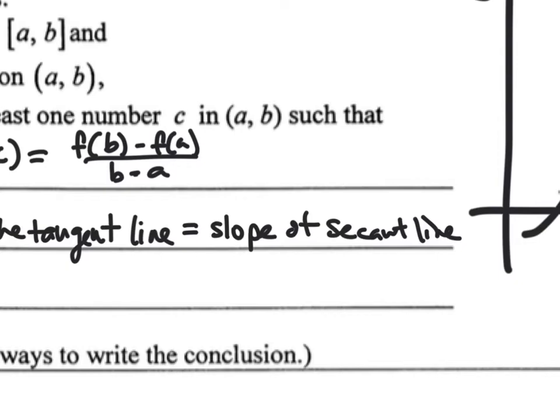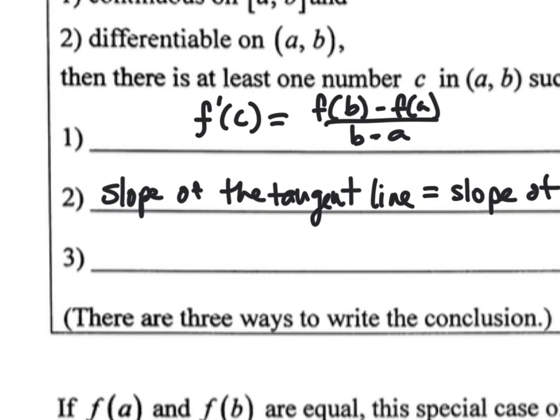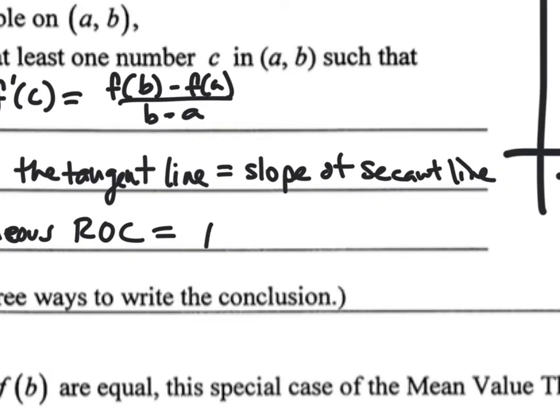Another way that we could say this is that this is where the instantaneous rate of change is equal to the average rate of change. And so that's how we can draw this conclusion.